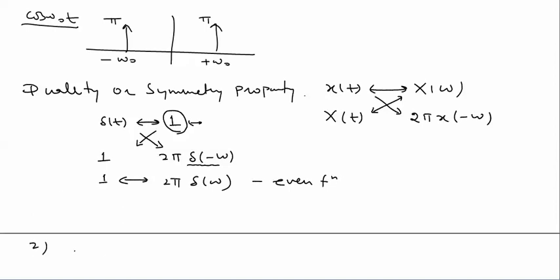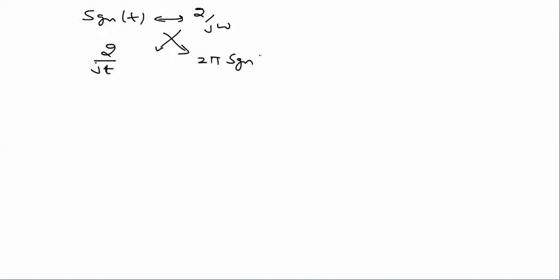We take a second example, the signum function. We know the Fourier transform of the signum function is 2 upon j omega. After applying duality, we can calculate the Fourier transform of 2 upon jt as 2 pi signum of minus omega.